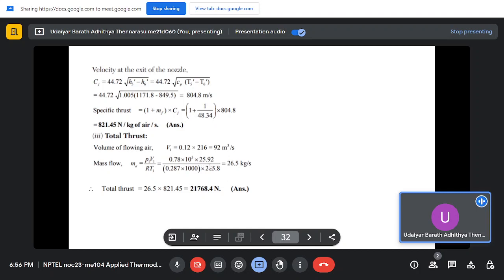Substituting, 25.92 divided by 0.287 into 1000 into 265.8, the temperature, will give 26.5 kg per second. This is the mass flow rate, and the total thrust generated is mass flow rate of air into the specific thrust we calculated. So 26.5 into 821.45 comes out to be 21.77 kilonewton.